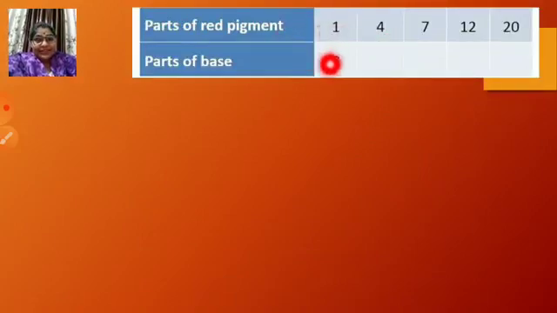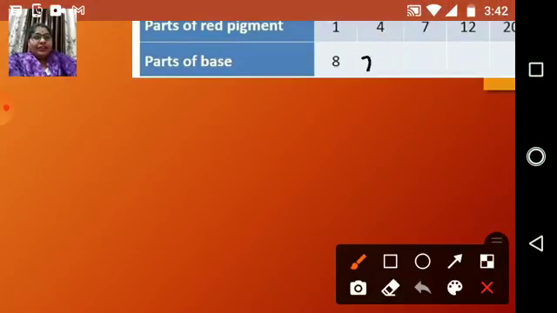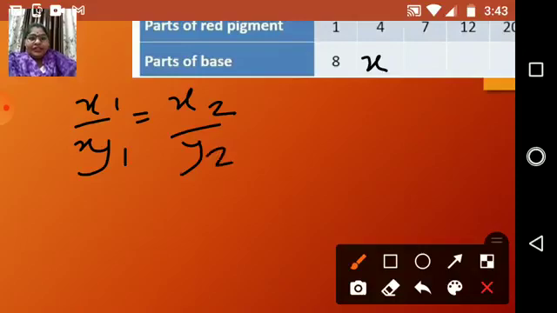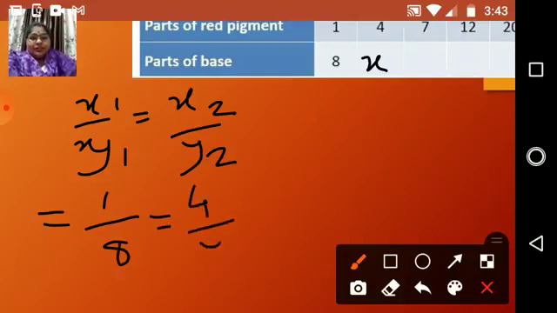Now let us consider the first value as 1 upon 8, x1 upon y1 is equal to x2 upon y2, that is 4 upon x. This unknown value let us keep as x, right? Or y, a, b, c, whatever you wish, you can take a variable. So if I take x1 upon y1 is equal to x2 upon y2, that means I will take x1 as 1, y1 is 8, is equal to 4 upon whatever x or y, whatever the value is unknown to us.